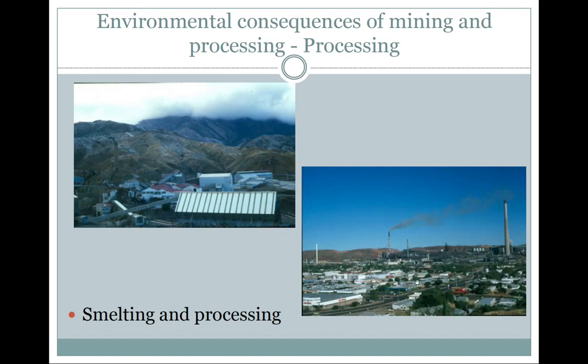Here's another example, prominent stacks, pollutants, and we can see broader environmental issues in places like Broken Hill. You can actually identify isotopes from the start of mining at Broken Hill in the Antarctic ice cores based on lead.